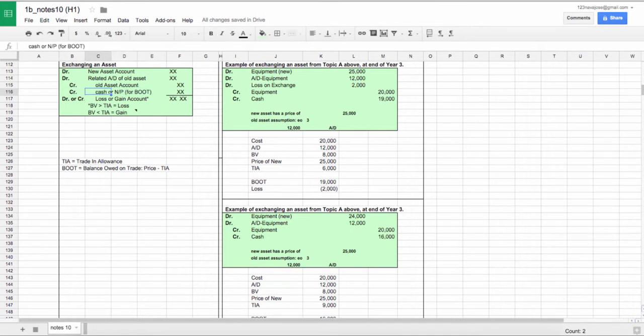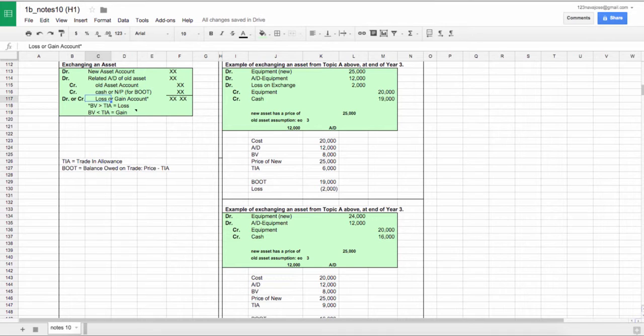If you do have the situation where you pay more, then you call that a boot. So you're going to have a credit for that cash, or sometimes you finance part of it as well. You would have a note payable, but just for now, think of it as cash. And then you would book either a loss or a gain.